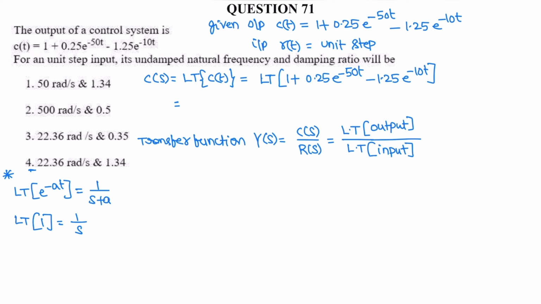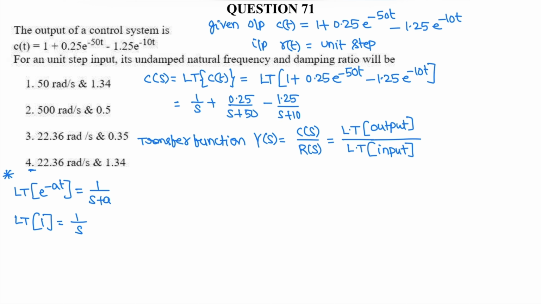So the Laplace transform of C of t is 1 by s plus 0.25 by s plus 50 minus 1.25 by s plus 10.